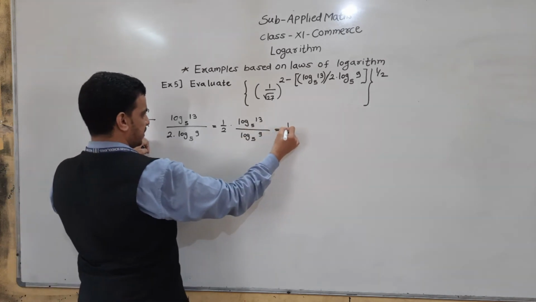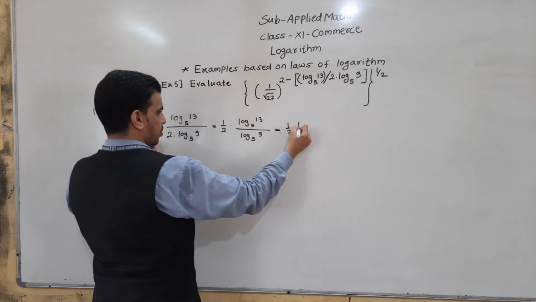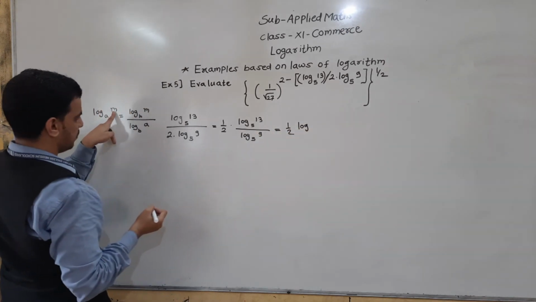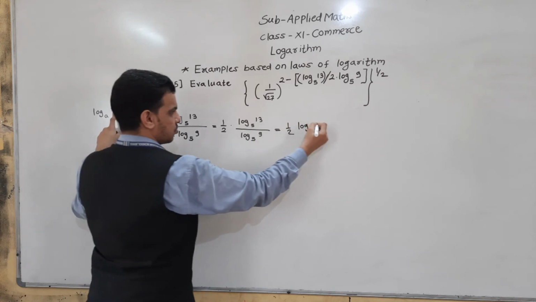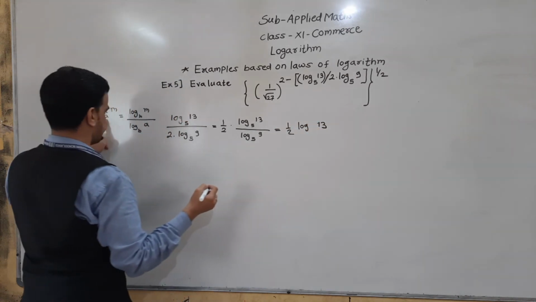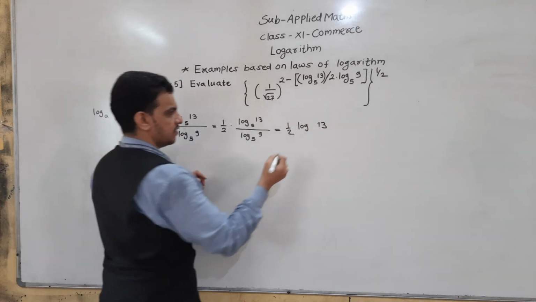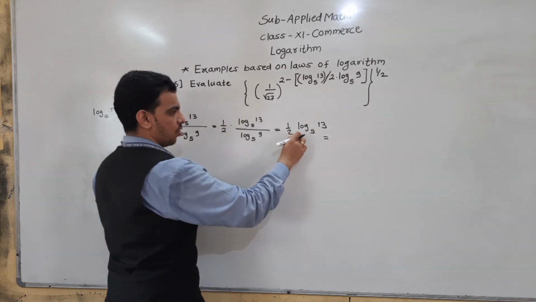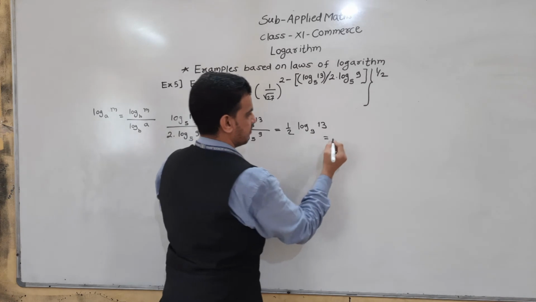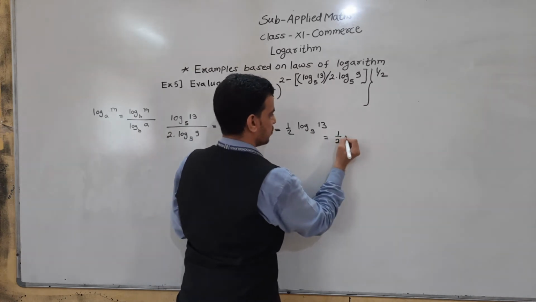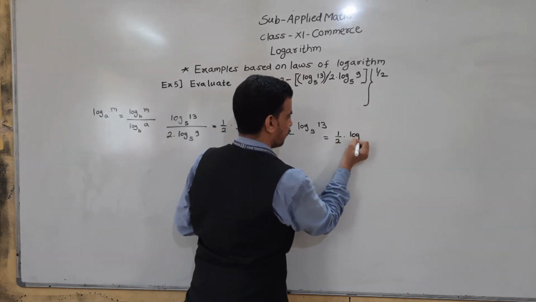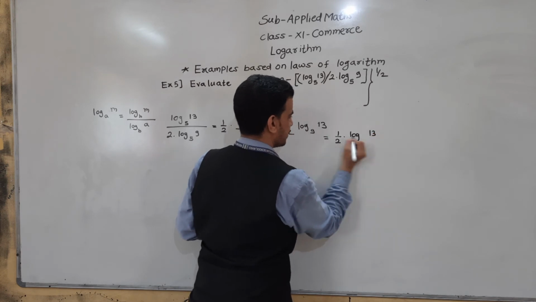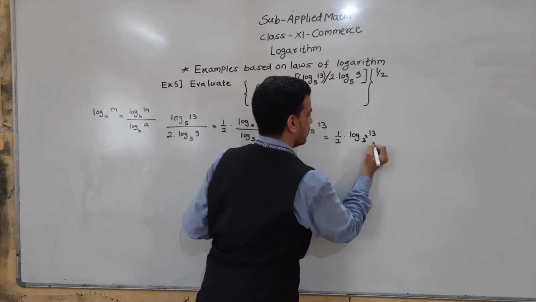So this we can write 1 by 2 into log of m, that is 13, to the base a, that is 9. So 1 by 2 into log of 13 to the base 9, again 1 by 2 into log of 13, this 9 I can write 3 square.